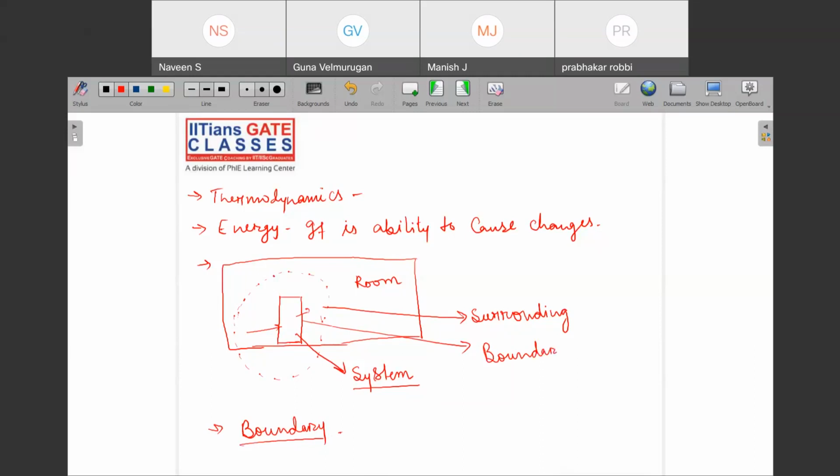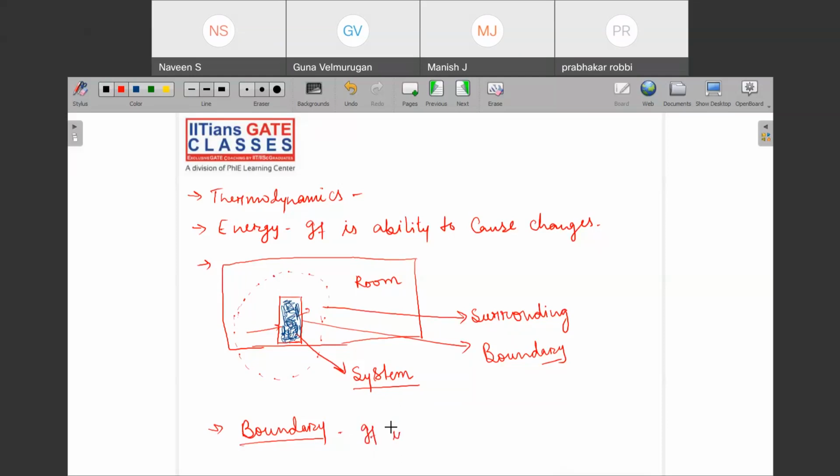So the boundary helps you decide what that region is. Here this boundary has defined the region where you are focused to study what changes are happening, right? So this is what is called the system, and this red part is the boundary. The boundary gives you the surface where your study is focused.